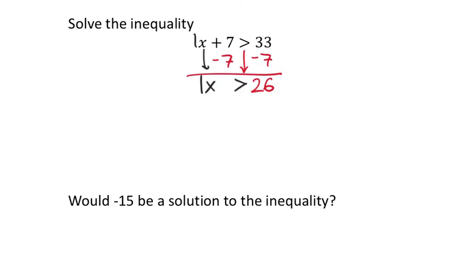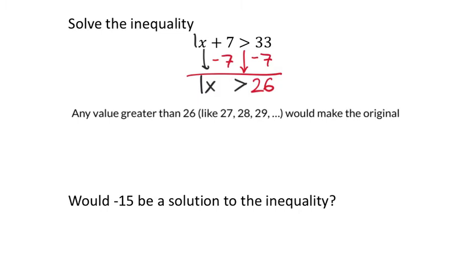Okay? So any value greater than 26, like, I don't know, 27 or 28 or 29, etc. Those values would make the original inequality true, right? All right, so what are some values greater than 26?